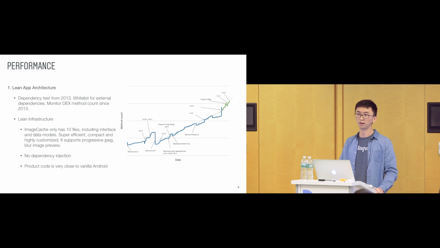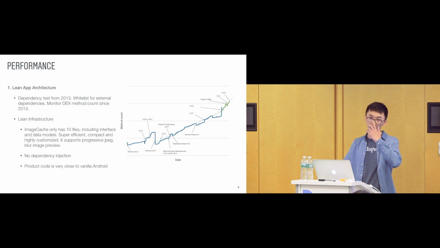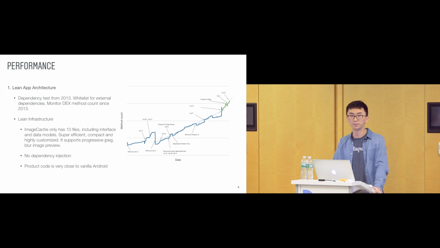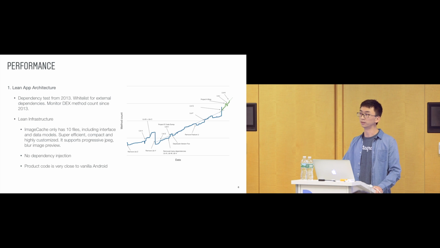So we own every major infrastructure in our code base. For instance, our image cache only has 10 files, as I counted yesterday before I came here, including interfaces and data models. It's super efficient, super compact, and highly customized. It supports all the features we need, even including progressive JPEG and blur images. But the most important part is that its performance is really good.